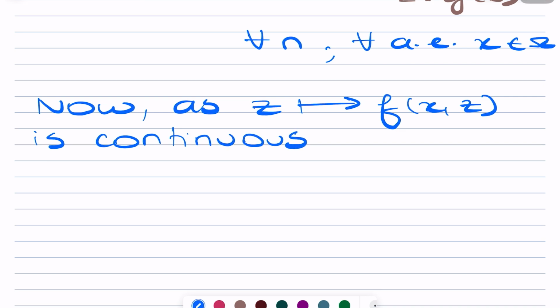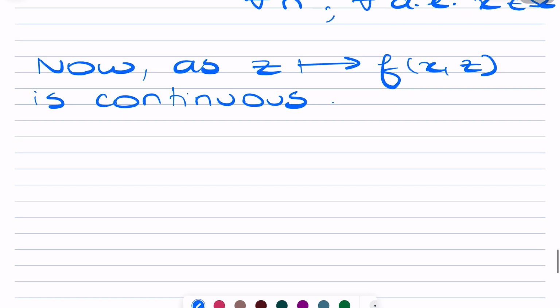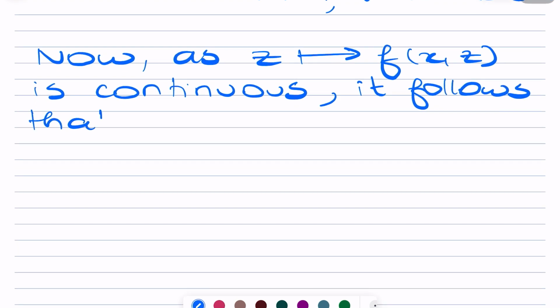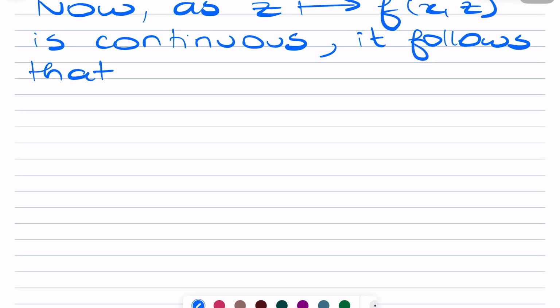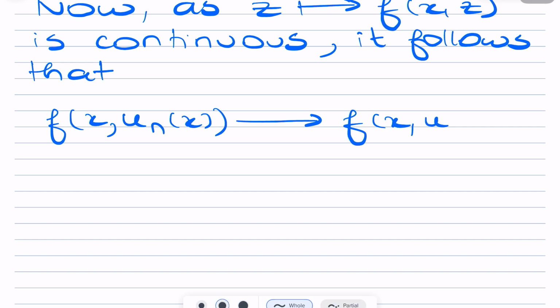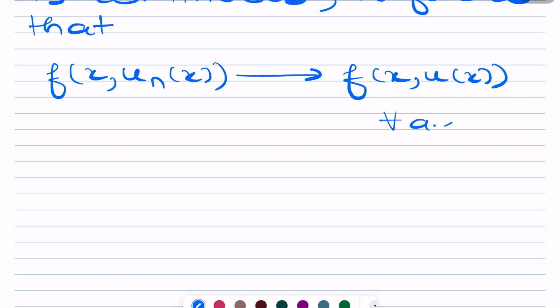Remember, f is a Caratheodory function, so it follows that it is, in particular, sequentially continuous. So you have that f of x comma un of x should converge to f of x comma u of x for almost every x in omega.